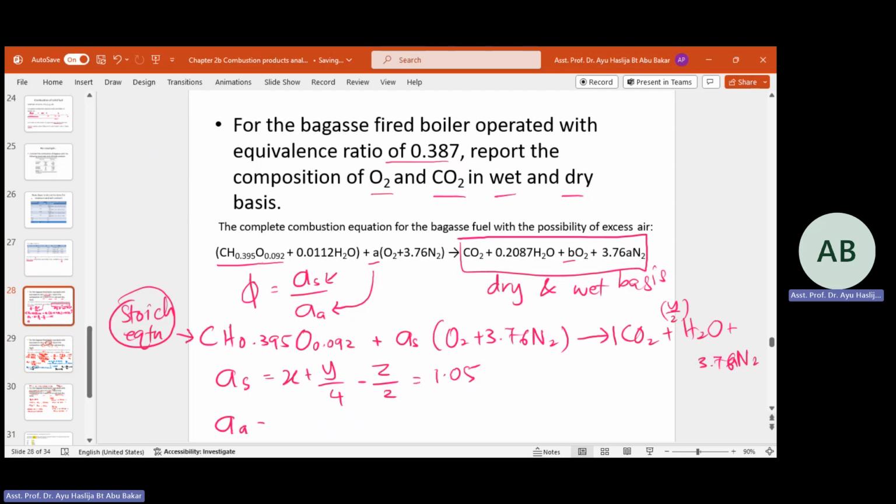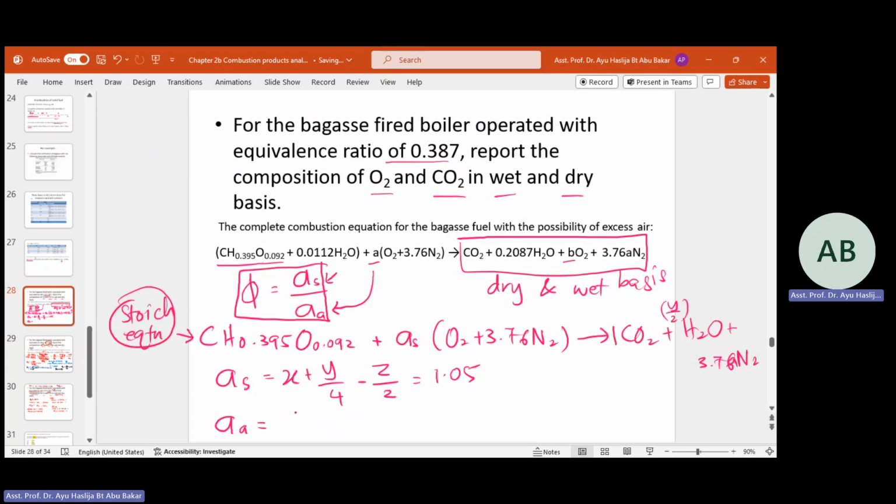Okay, try calculate apa dia punya A actual. Daripada equivalence ratio punya equation, kita boleh dapat A actual. Equivalence ratio, dia dah bagi 0.387.